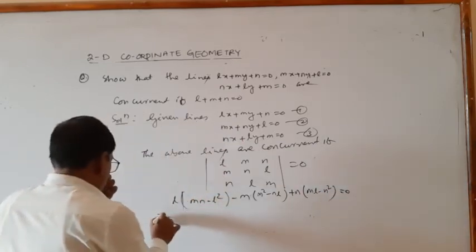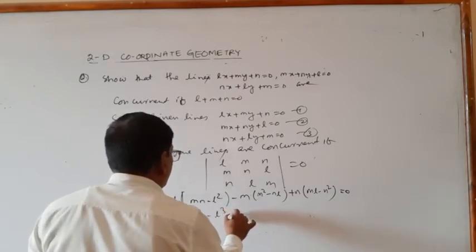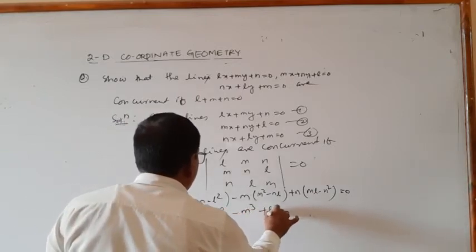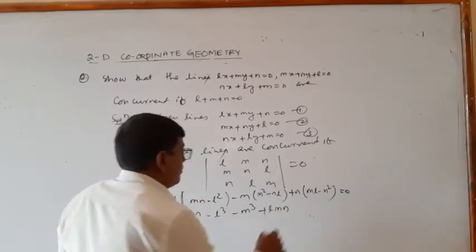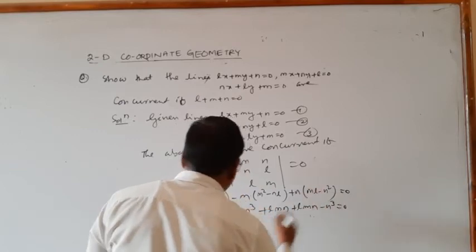Now this is LMN minus L cube, minus M cube, plus LMN, minus N cube, plus LMN is equal to 0.